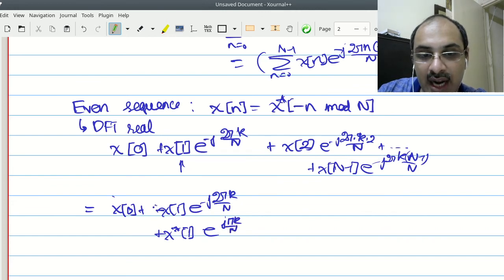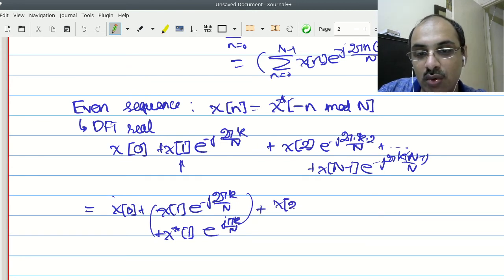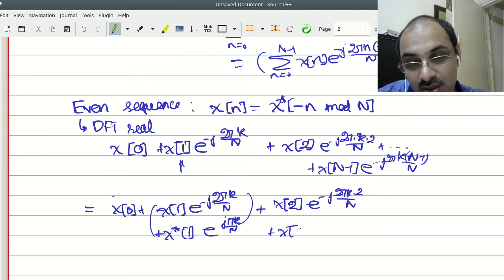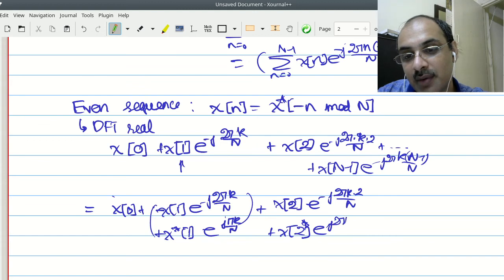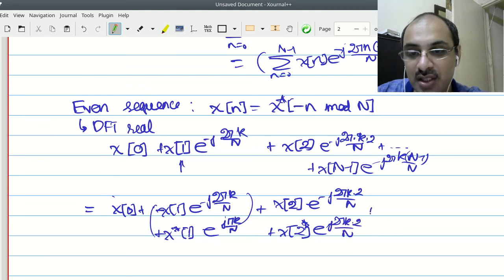So these two add up to be real because this is just something plus its conjugate. Plus x2, if you group e power minus j 2 pi k 2 upon N, plus again you will have x[N minus 2], which will be x2 conjugate e power plus j 2 pi k 2 by N, plus dot dot dot, and the x[N by 2] term alone we will keep aside.